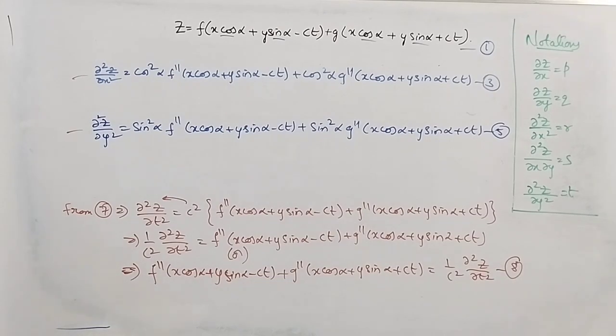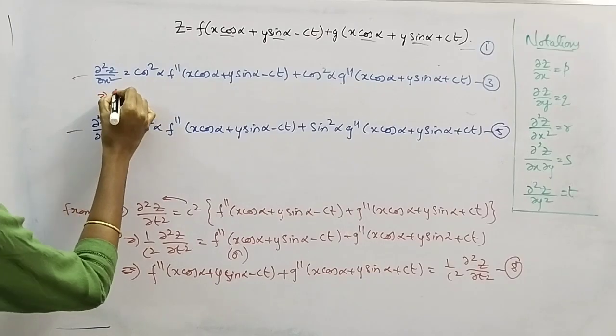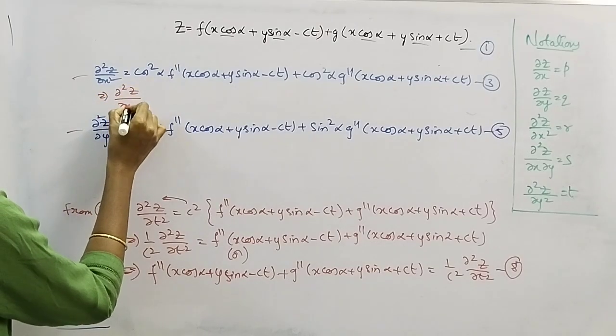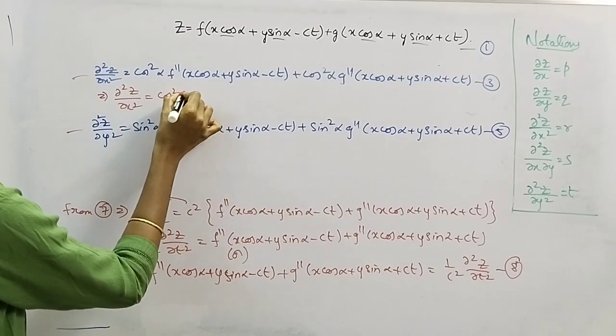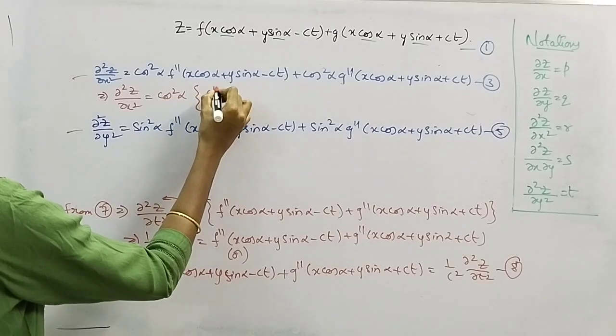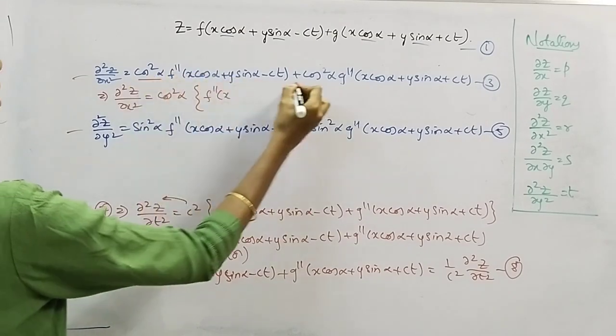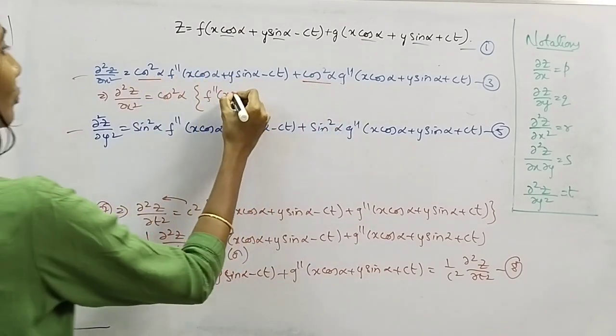So you can write equation 3 as dou square z by dou x square equal to cos square alpha of f double dash plus g double dash, right? Since cos square alpha exists in both the terms.